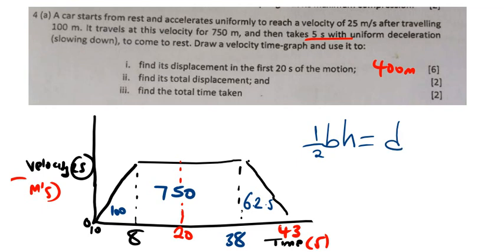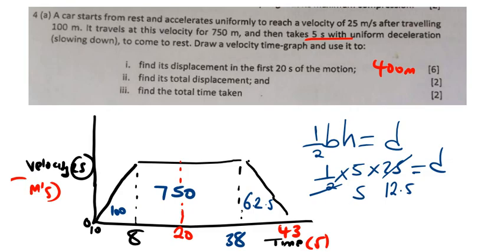Half multiplied by the base from 35 to 43, we're saying it is 5, multiplied by the height, 25 meters per second. 2 into 25 is 12.5. Multiplying this by 5 gives you 62.5. So whichever method you use, it is still the same.